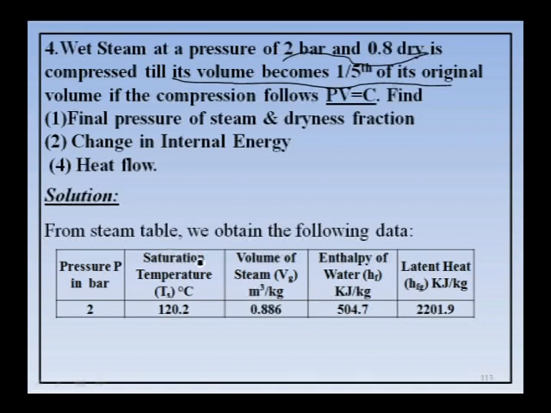From the steam table I have taken values for only one pressure, that is the initial pressure of 2 bar. So, for 2 bar, T sat, Vg, Hf and Hfg values I have taken, because the final pressure is not known, but one value is given, that is the final volume is equal to 1/5 of initial volume, right.